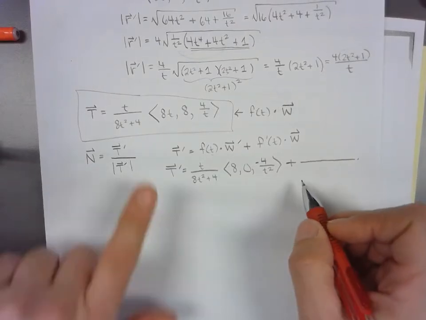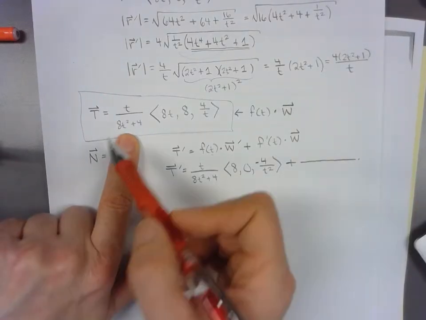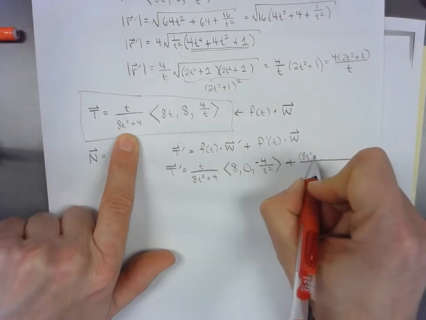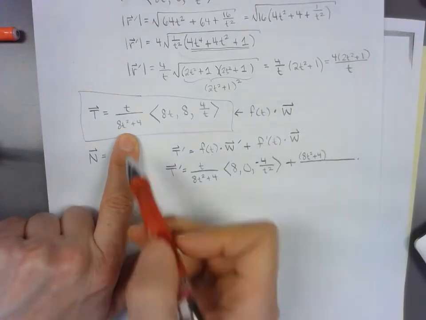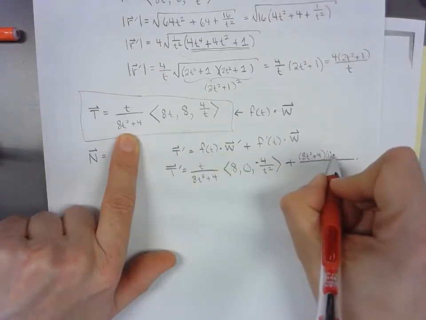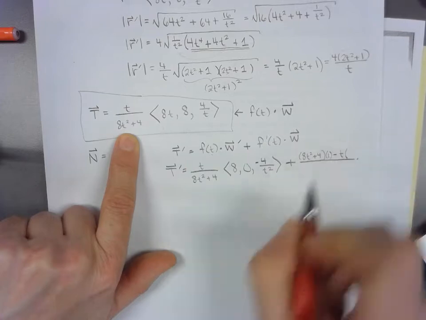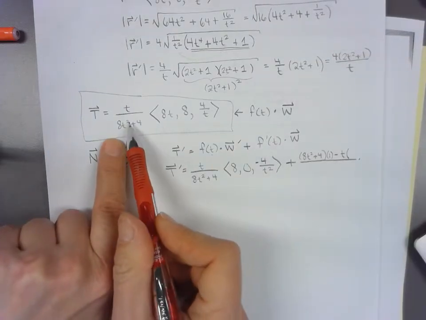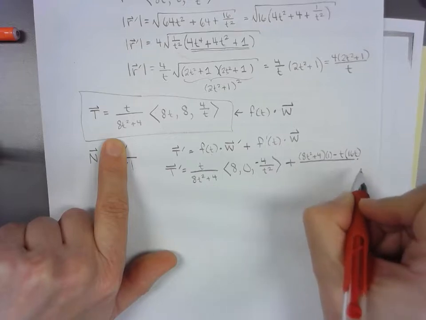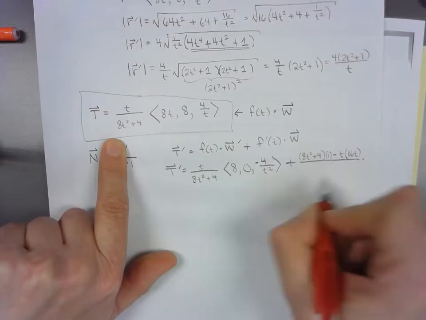Okay, so taking the derivative of this, it's the bottom times the derivative of the top, which is just 1, minus the top times the derivative of the bottom, which is 16t, all over the denominator squared.